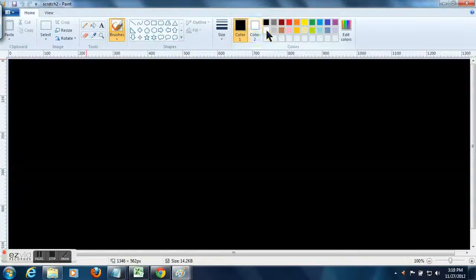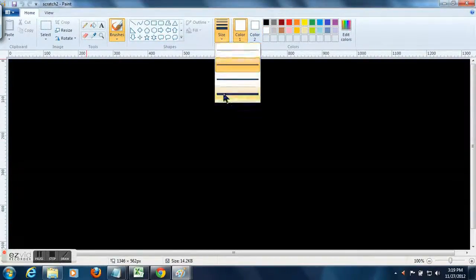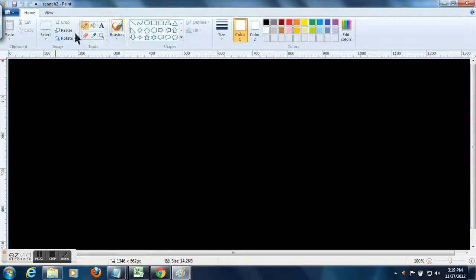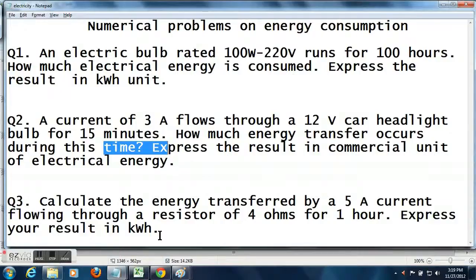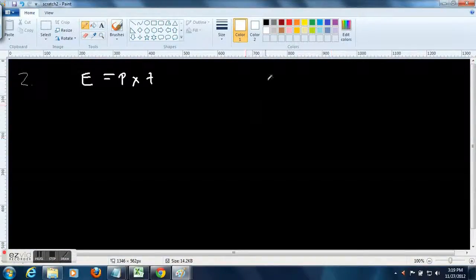Here the problem is slightly different because they have not given us the power. The power is not given. That means the rate of consumption of energy is not given. But they have given us other parameters from which we can get the value of P. So the formula for electrical energy is E equal to P into T. But the value of P is not given.